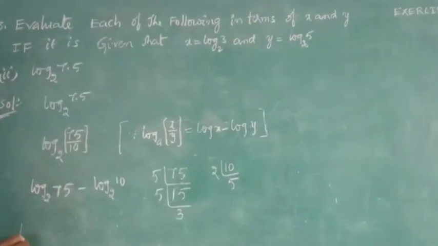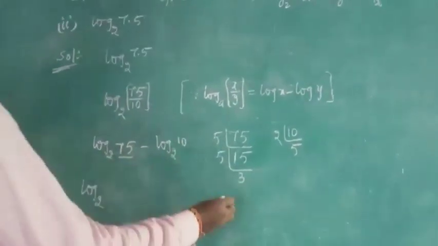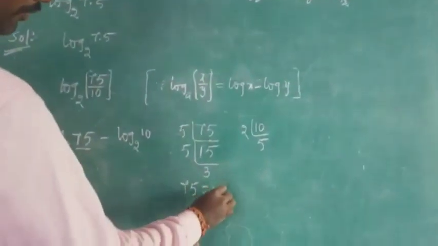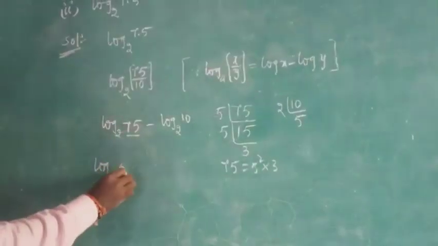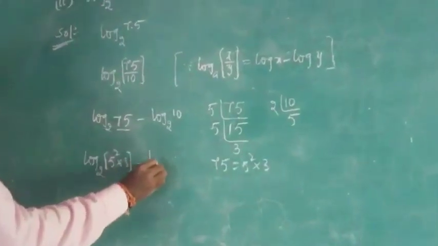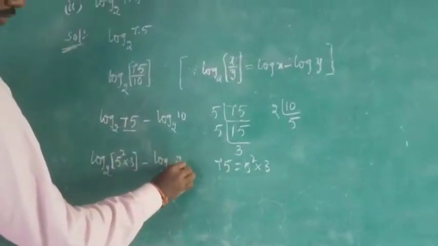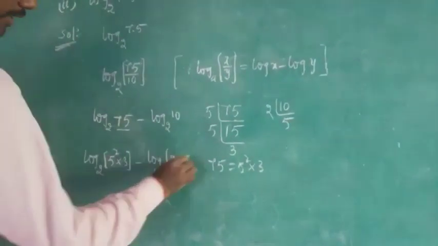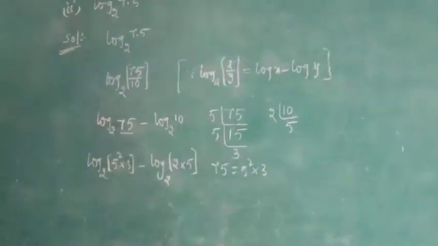So log base 2 of 75 you can write as 5 square into 3. So similarly I am writing 5 square into 3 minus log base 2 of 2 into 5. If you have the into symbol you can write the plus.